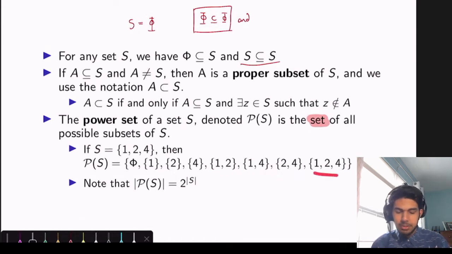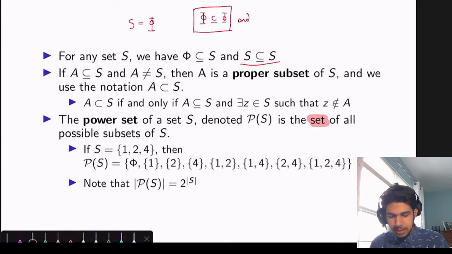And then finally the 3 element subset {1, 2, 4}. A couple things to notice. First, we don't have any elements in P of S that contain more than 3 elements because our set S has cardinality 3. So if we had an element of P of S with say 4 or 5 elements, then that wouldn't be a subset of S, and that would violate the definition of power set.